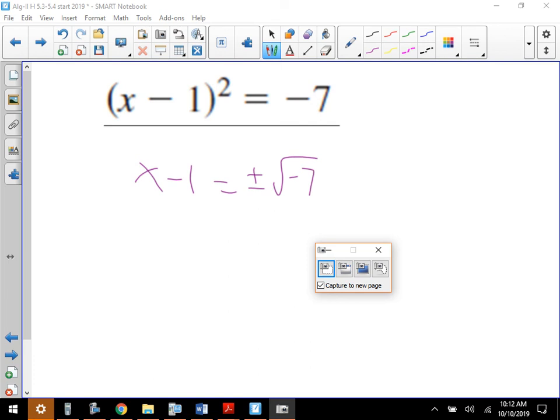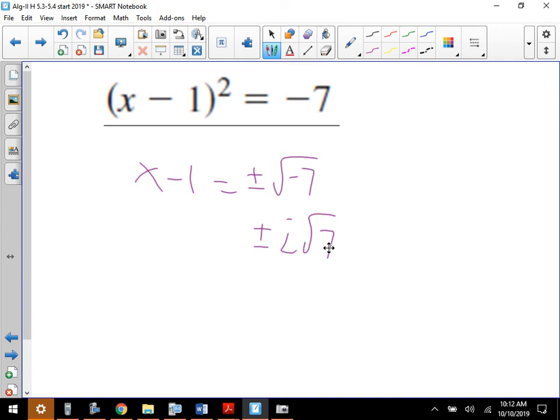Negative 7 breaks into negative 1 and 7. Can you simplify square root of 7? No. What's the square root of negative 1 then? So now I know that this simplifies to plus or minus i root 7. And what do I do with that minus 1 to move it over? So x equals 1 plus or minus i root 7.